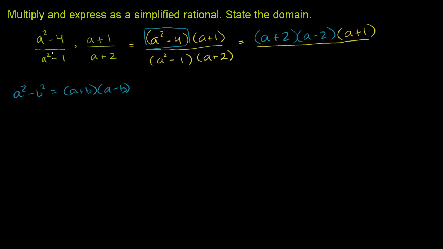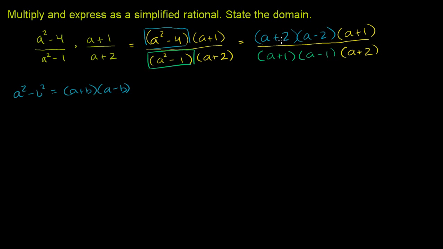Let me do that in a different color. A squared minus 1 we can factor as a plus 1 times a minus 1. And if you ever want to say, hey, why does this work? Just multiply it out, and you'll see that when you multiply these two things, you get that thing right there. And in the denominator, we also have an a plus 2.